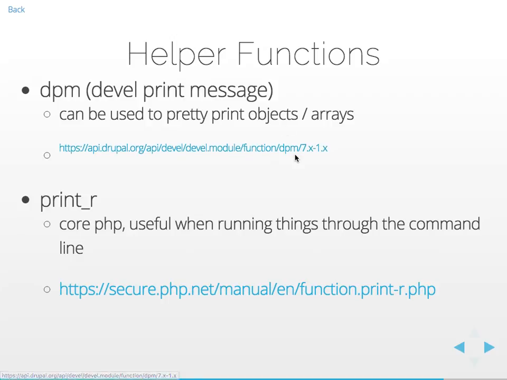You can actually expand properties and so on. Again, it's a little old school. There's also print_r, and I mention this one because we were working on some command line stuff, and you can use print_r within your PHP code to print to the command line, which, if you're doing Drush stuff and you just need something simple, is very helpful.